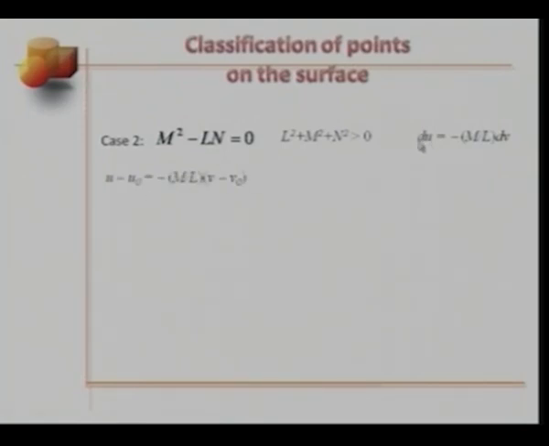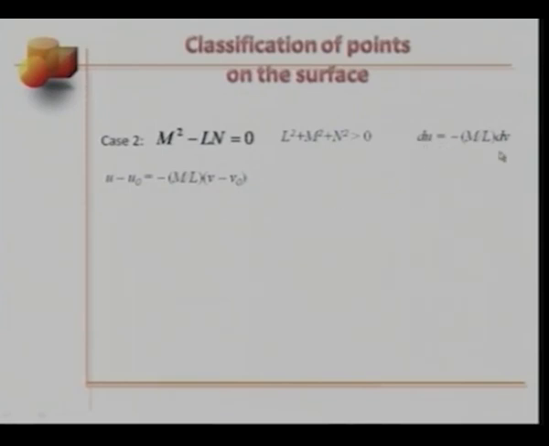I can write du as u minus u0, and I can write dv as v minus v0, where, if you recall, point P was the position vector corresponding to parameter values u sub 0 and v sub 0.